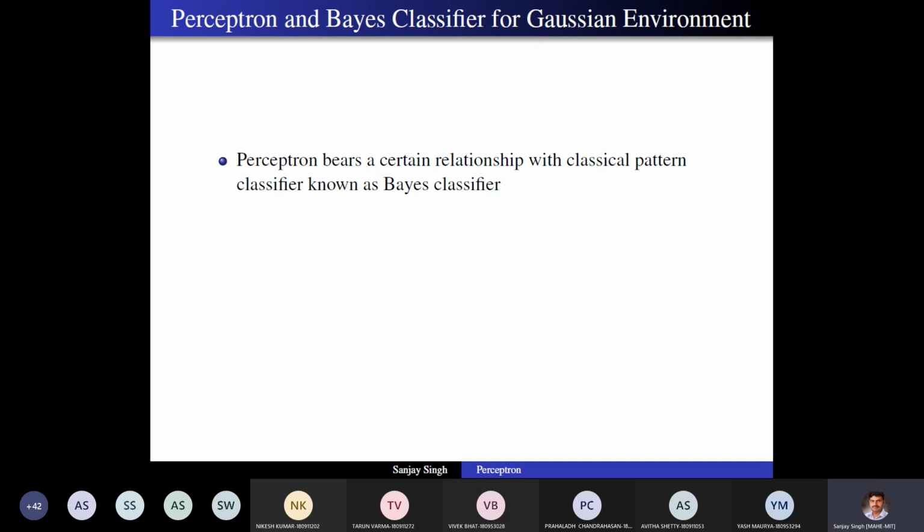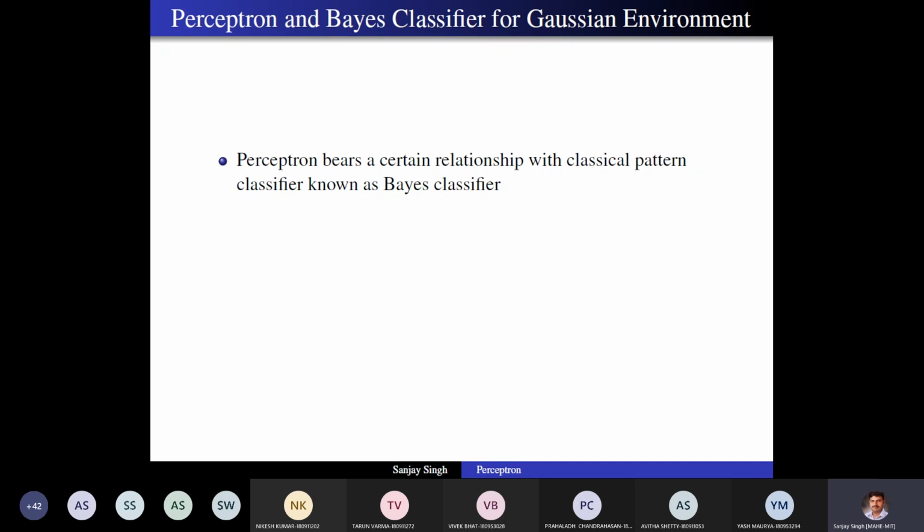However, Bayes classifier in general can do classification, but if the data are Gaussian distributed, then it behaves like a linear classifier. So we want to study the relationship between the two. That's why it's mentioned here that it bears a certain relationship with the classical pattern classifier known as Bayes classifier. We'll do this in two phases.